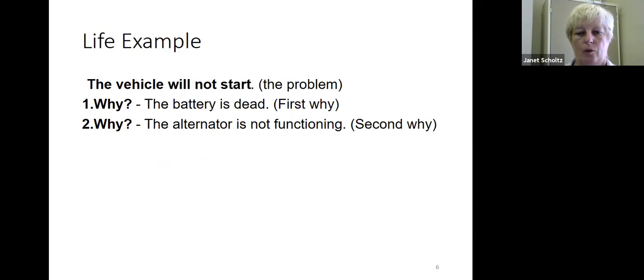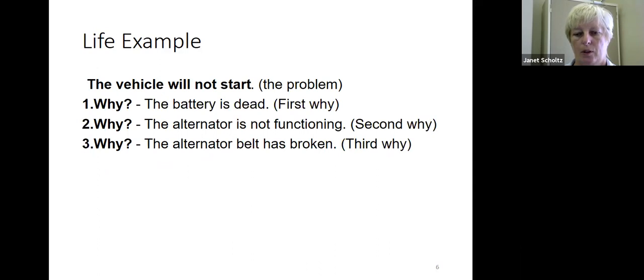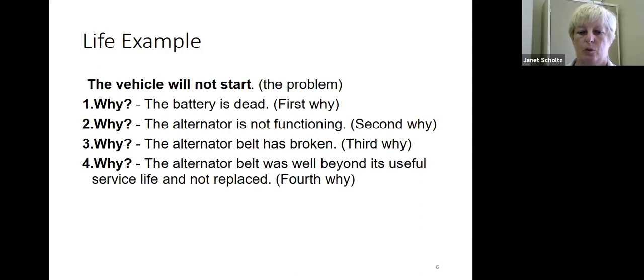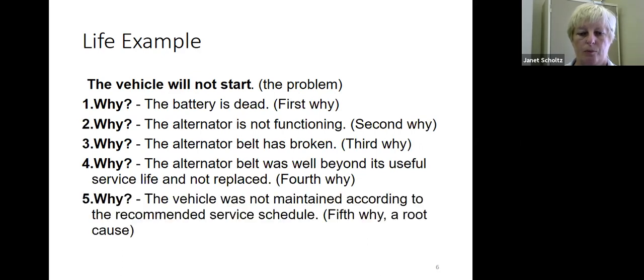Why is that alternator not functioning? The alternator belt is broken. That's the third why. Why has the belt broken? The alternator belt was well beyond its useful service life and not replaced. Why was it not replaced? The vehicle was not maintained according to the recommended service schedule. So the fifth why is the root of the problem.